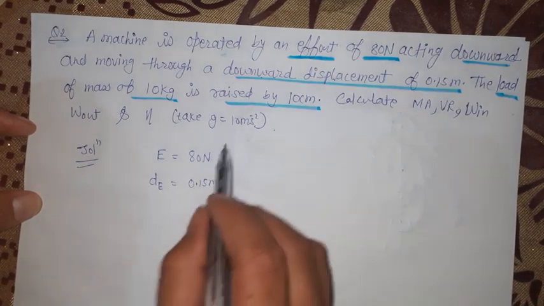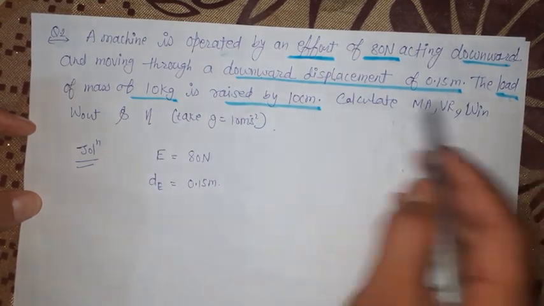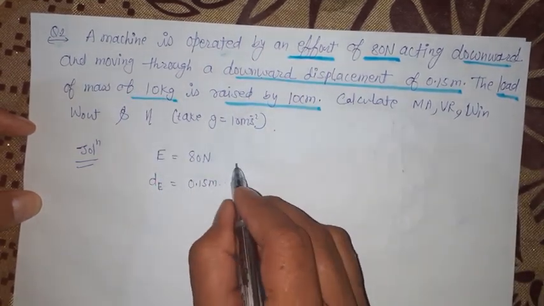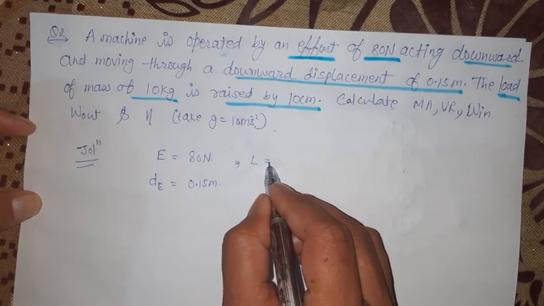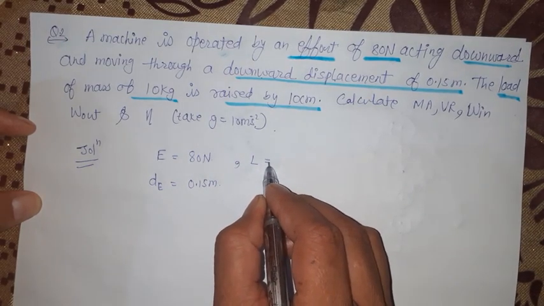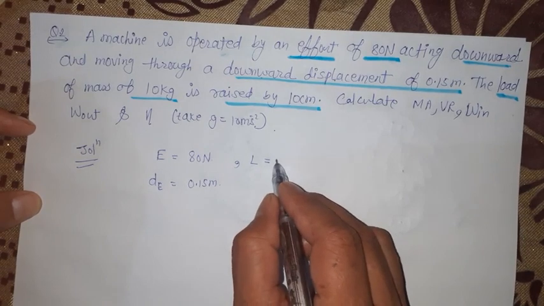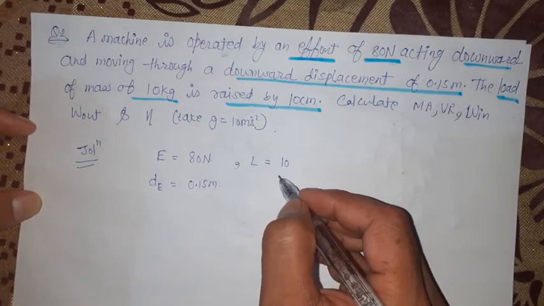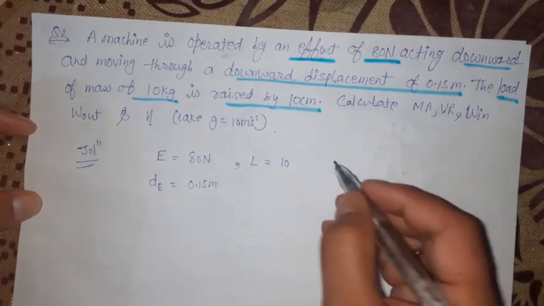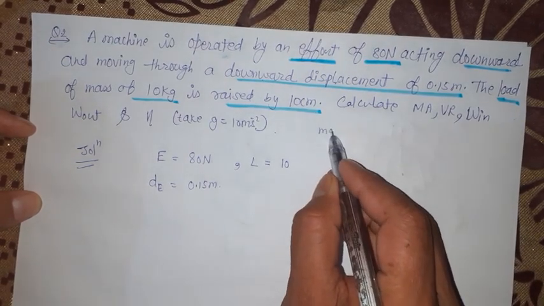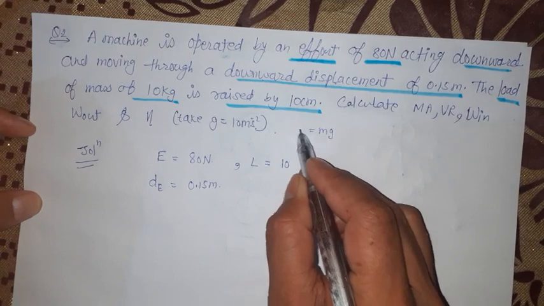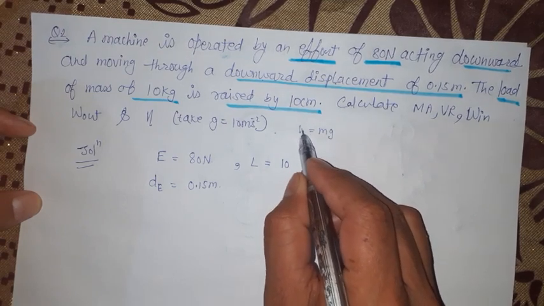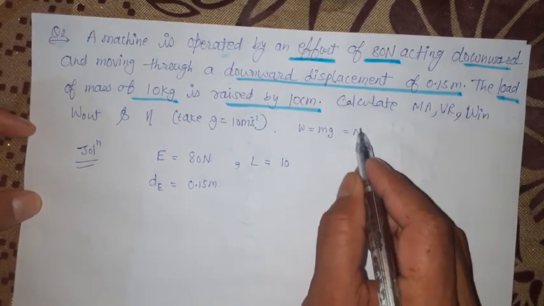Next is the load, which is 10 kilogram. But student, we know that load is a force, and force is given in Newton. So if mass is given, we multiply it with g, then it becomes weight, which is measured in Newton.